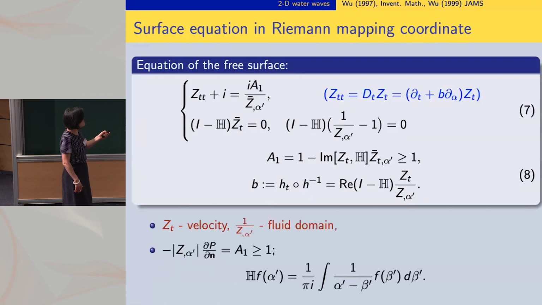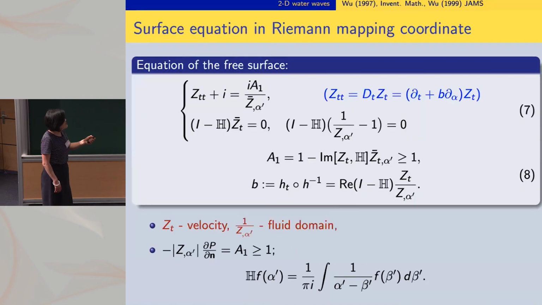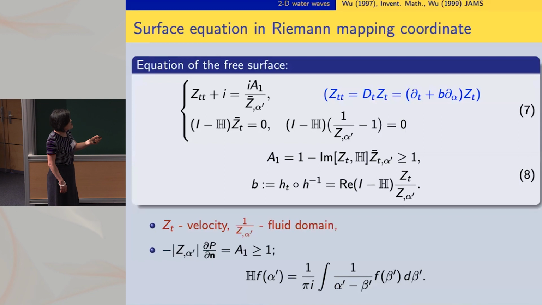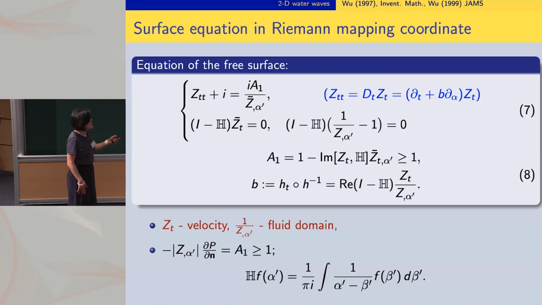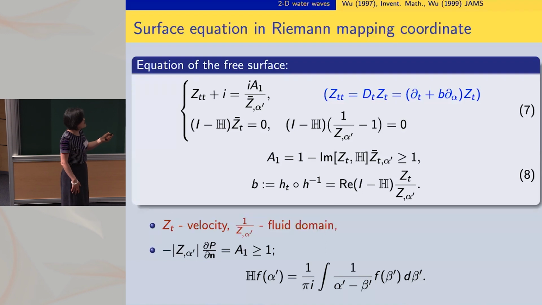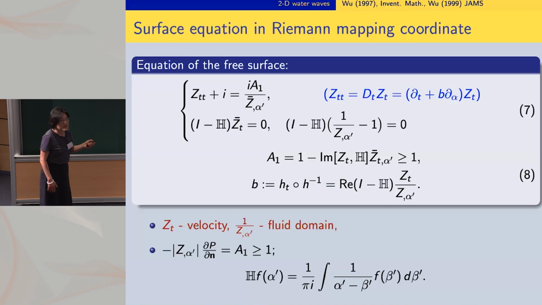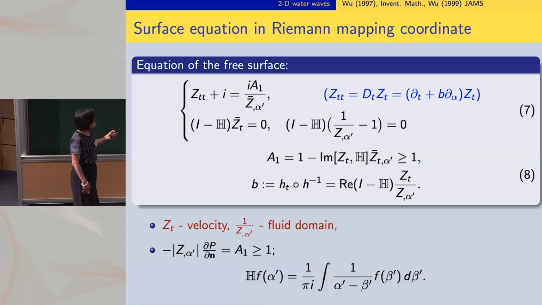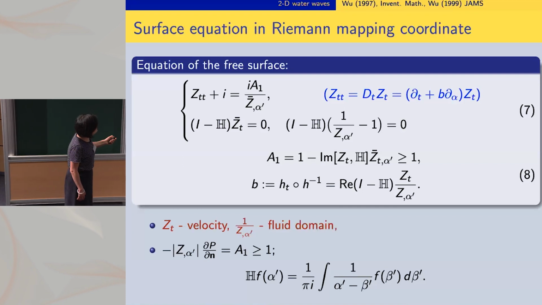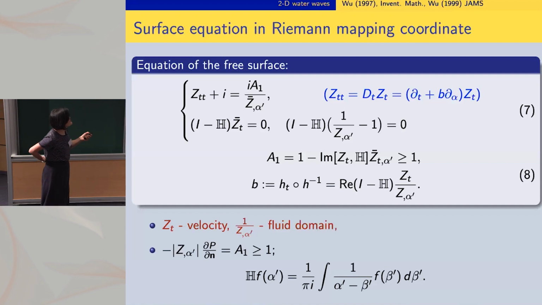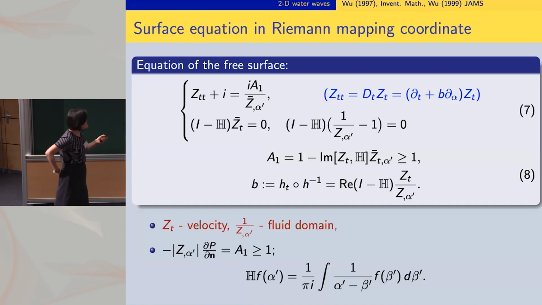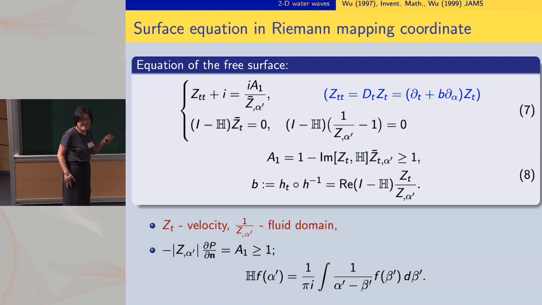So that's still a holomorphic function, and the 1 over z alpha is a boundary value of a holomorphic function which goes to 1 at infinity. So I have to subtract 1. So this function goes to 0 at infinity. So I minus H applied to this equals 0. So we were able to derive this formula many years ago.